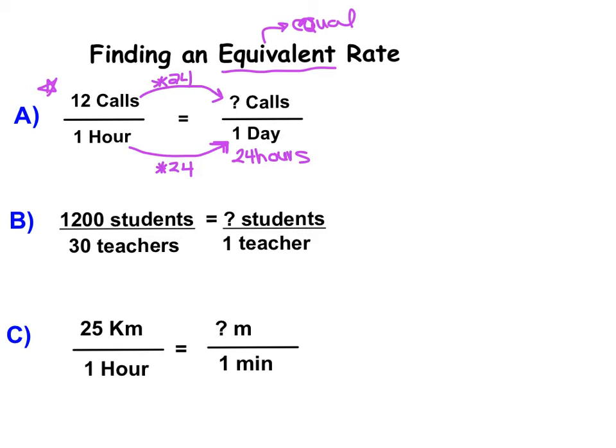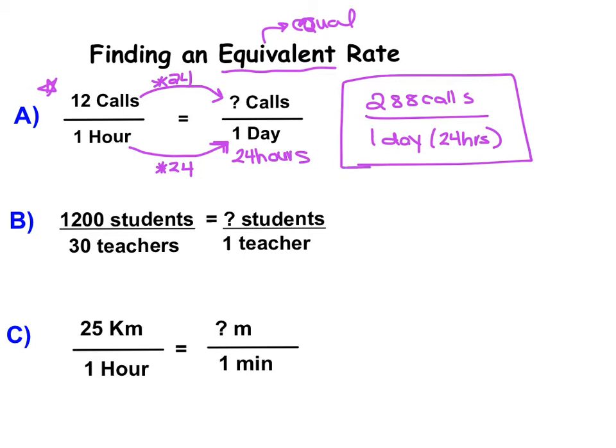So as a result, I take 12 and do the same. 12 times 24 gives me 288 calls in 1 day, which remember is the equivalent of 24 hours. So it's just determining how many calls you have in your new situation of one day, using what you know about hours and days and their relationship.